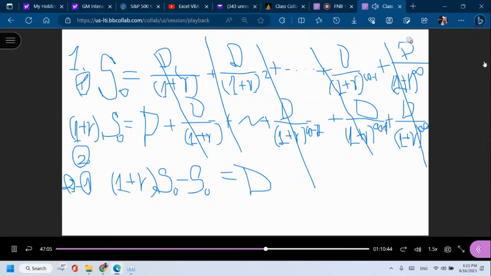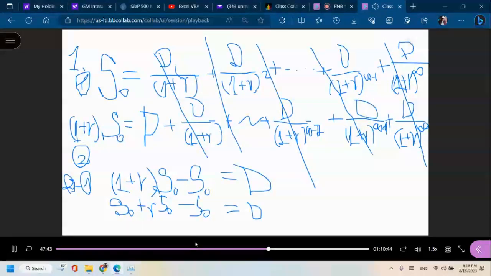See? 1 plus R times S0, minus S0. So if I open this parenthesis and rearrange it, it's going to be S0 plus R S0 minus S0. And on the right-hand side, the dividend.